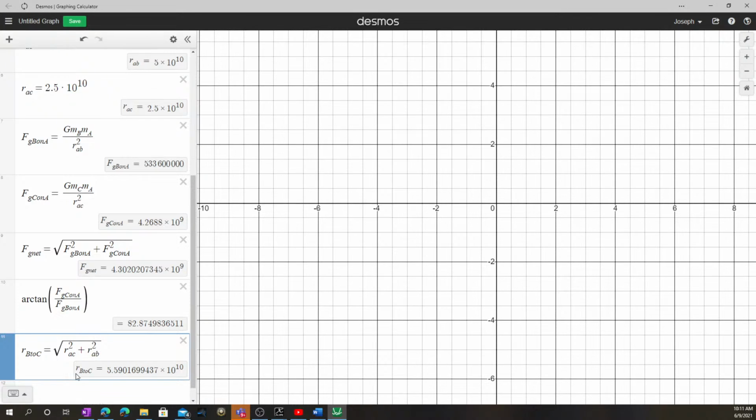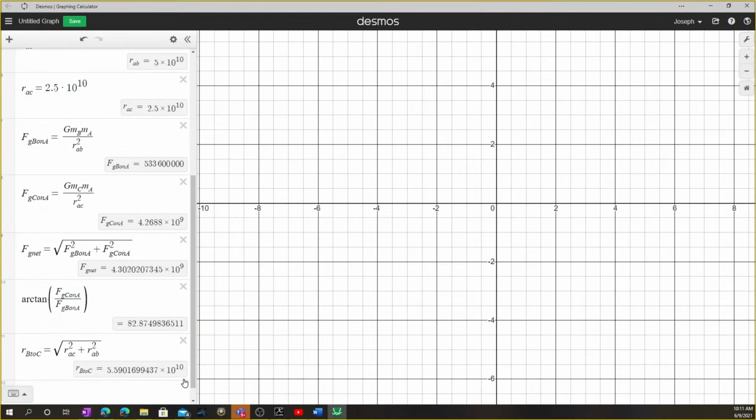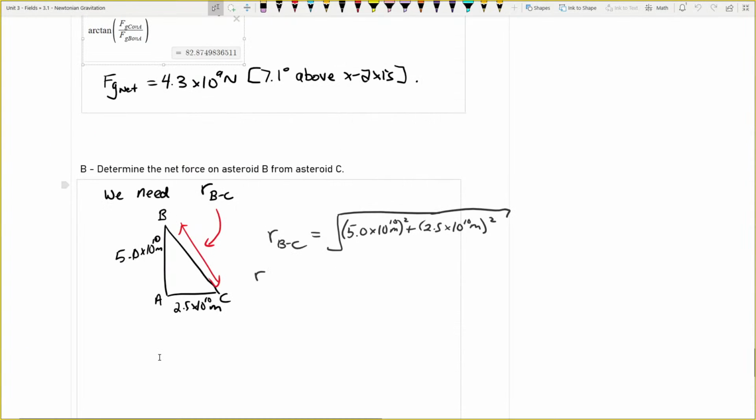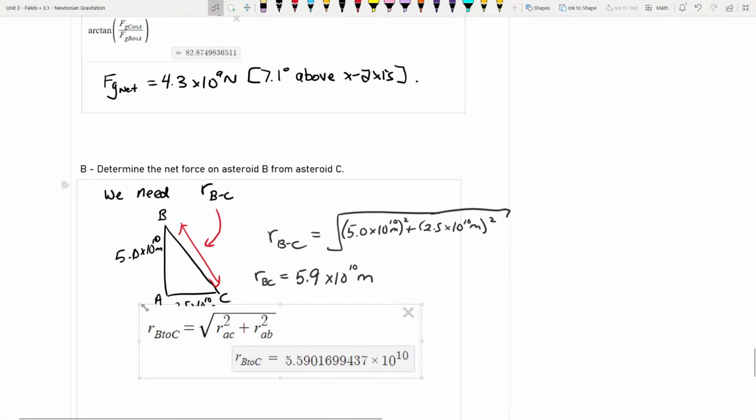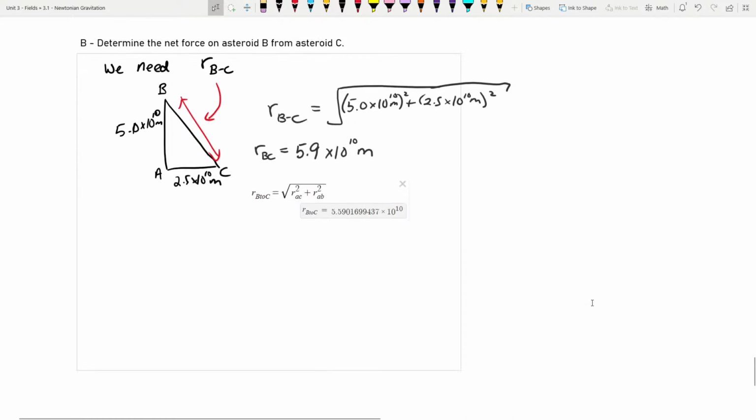So that's good. But then we also need the angle, right? But we know how to do angles. So what angle do we want? We can measure off the x-axis. That probably makes the most sense.